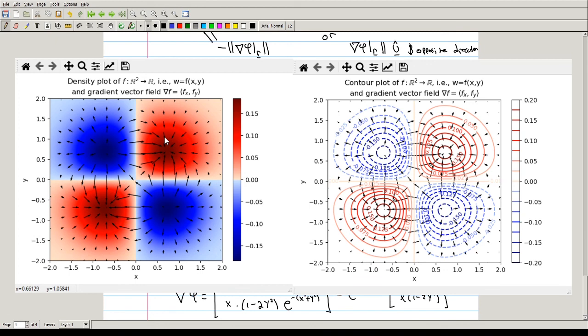Well, what's also interesting to note is that if we consider the level curves of this function, the gradient vector is always going to be perpendicular to the level curves. So the third property that we talked about before, that the directional derivative in the direction perpendicular to the gradient vector is always 0, you should clearly see why.